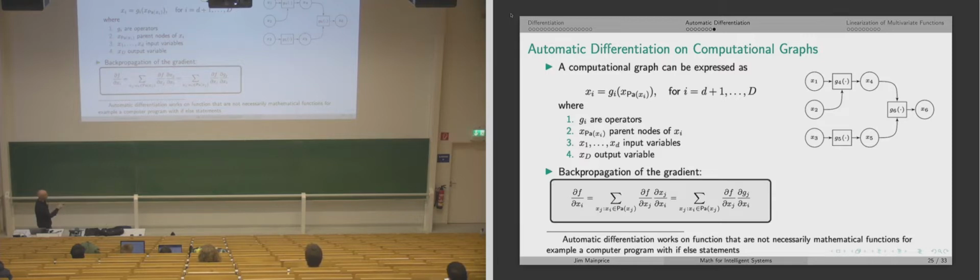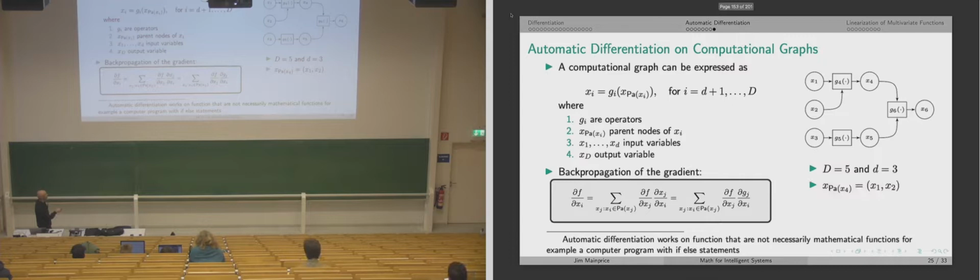As an example, you want to have the derivative of x6 with respect to the input variables x1, 2, 3. And so here d is 5, so it's all these variables here, and it includes x4 and x5.